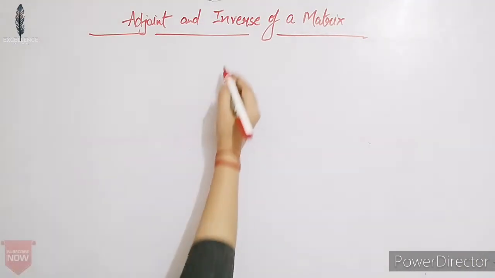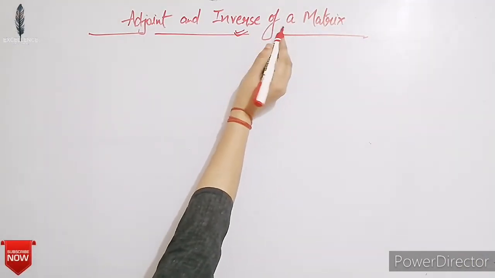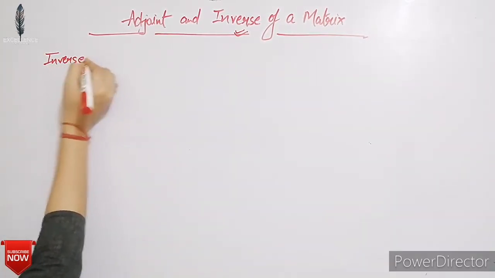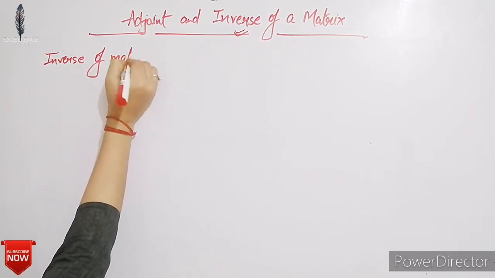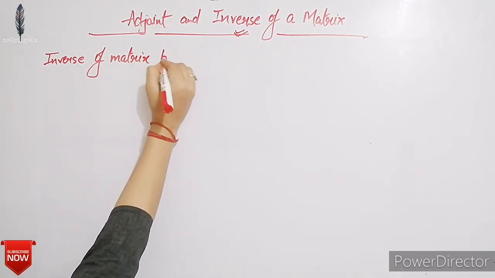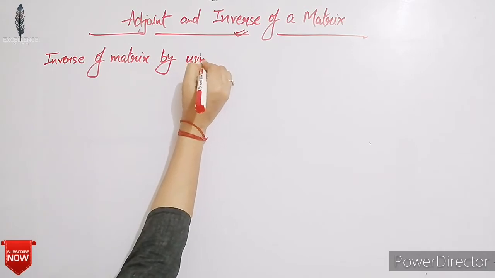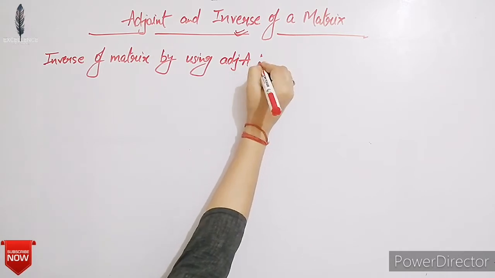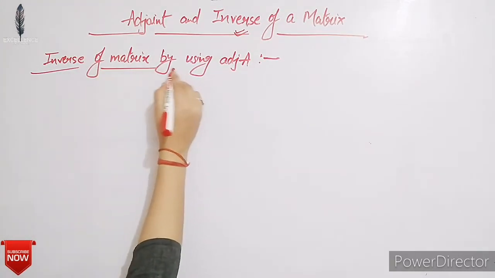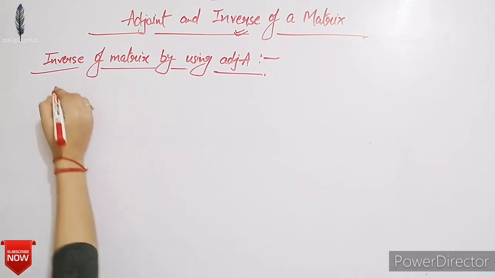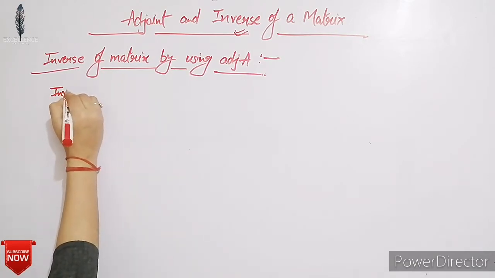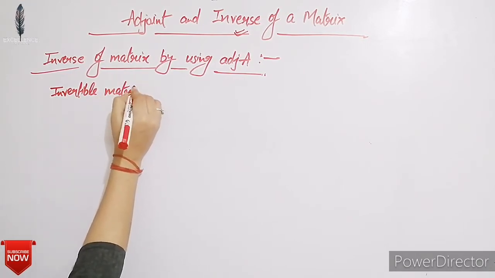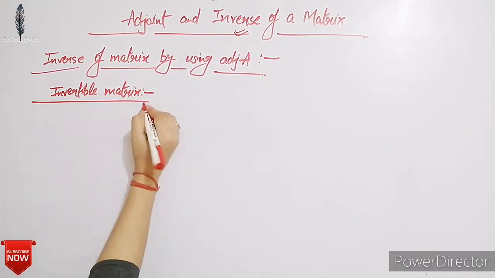Now let's see how to find the inverse of a matrix. In the previous chapter we had discussed the inverse of a matrix using elementary row operations. But here we have to discuss the inverse of a matrix by using the adjoint of the matrix. So for it, we have to revise first what an invertible matrix is.